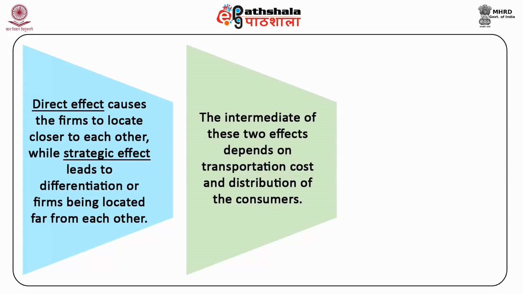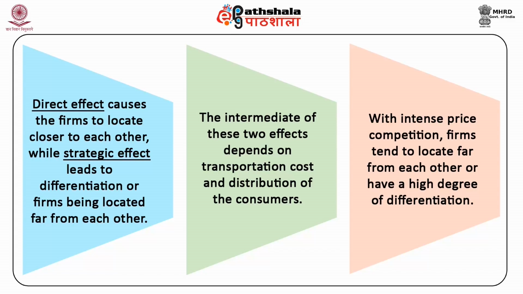Thus, in case of intense price competition, firms exhibit a tendency to locate far from each other, or a high degree of differentiation, while in case of price competition of weaker intensity, firms prefer to locate close to the center, or have a lower degree of differentiation.